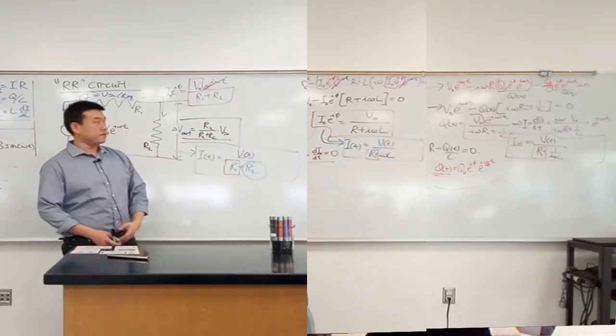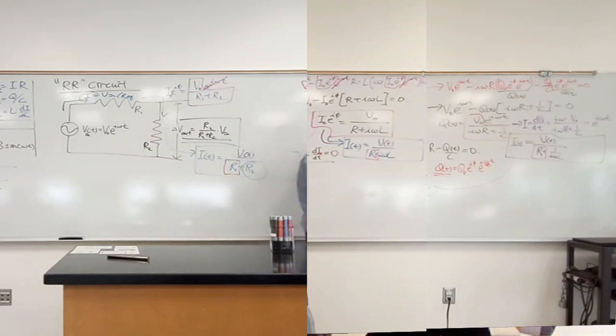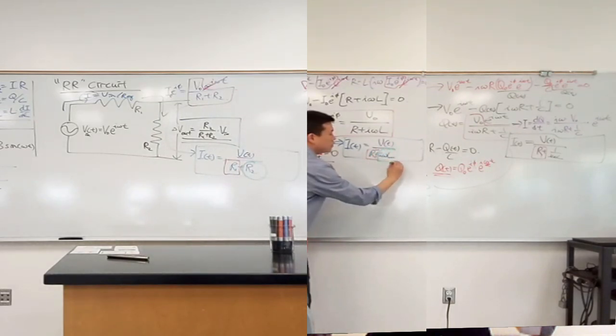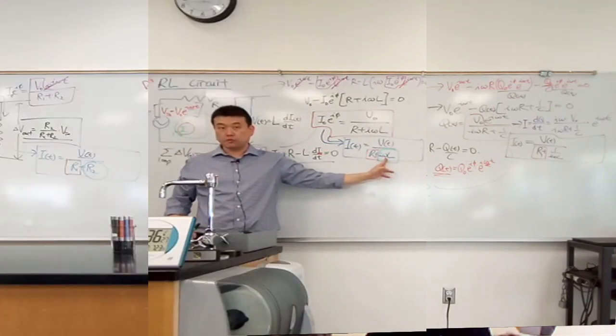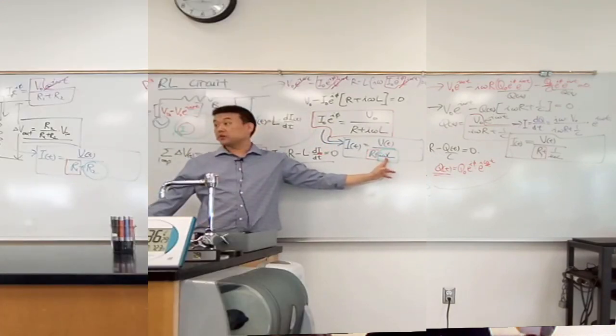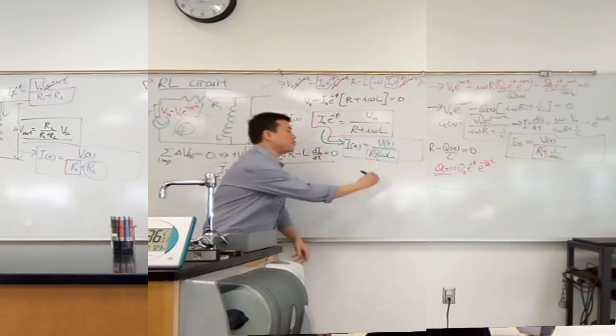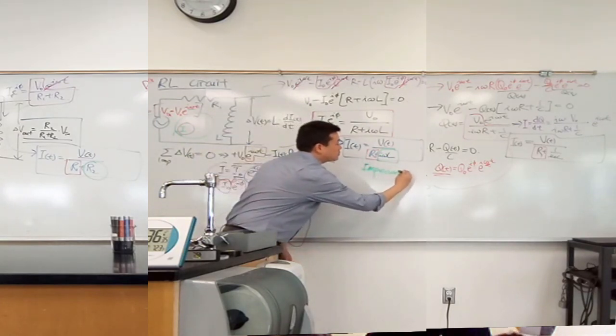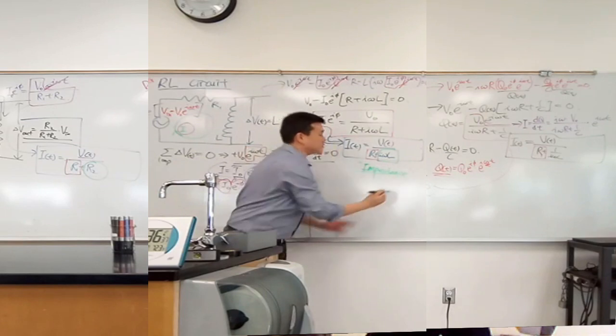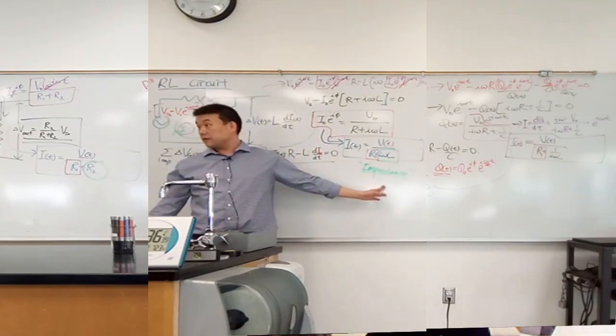Something interesting happens with inductor and capacitor. We are going to associate this with a kind of resistance that we can associate with the inductor. So this is what we call impedance. This is what's called the impedance of an inductor.